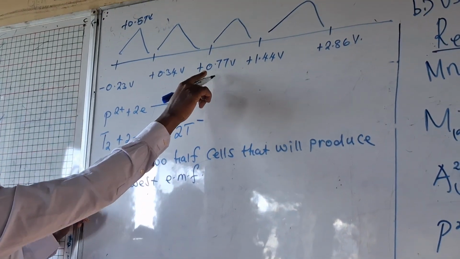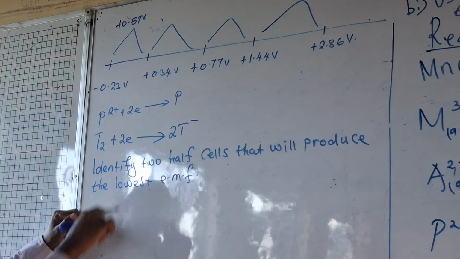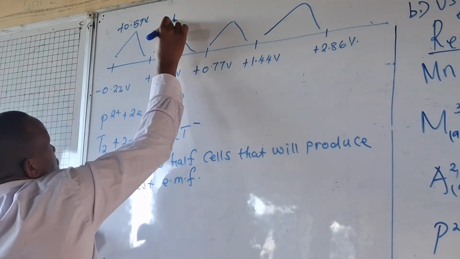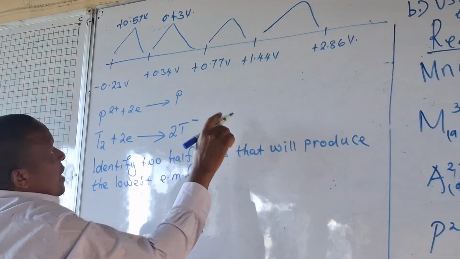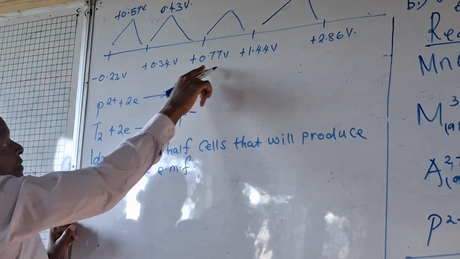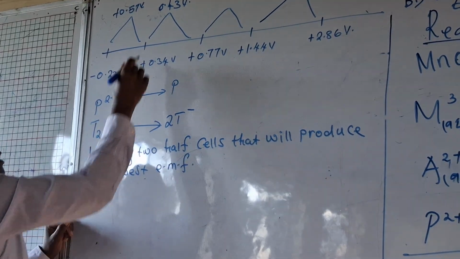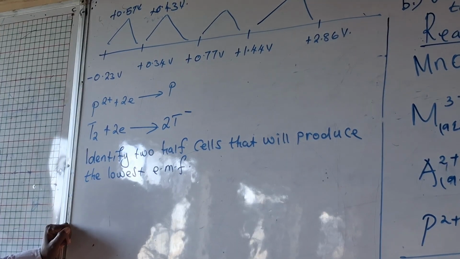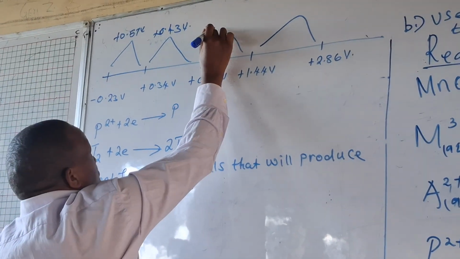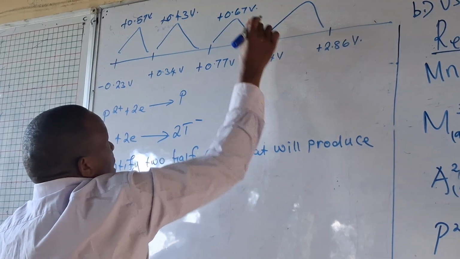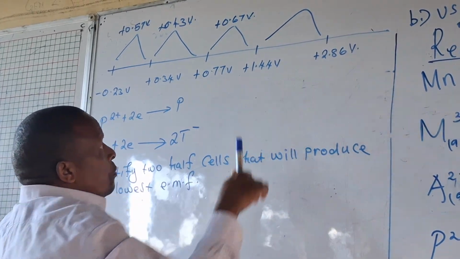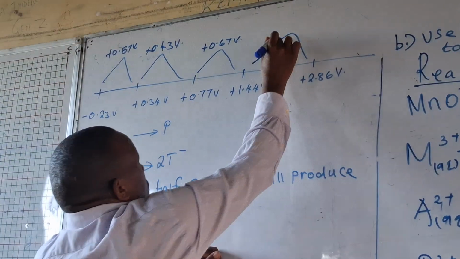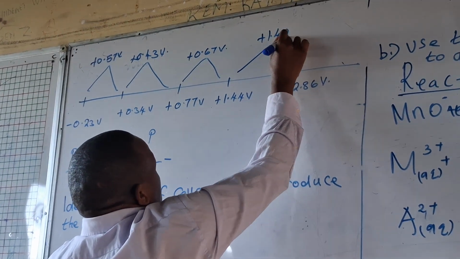This one, 0.77 minus 0.34: 0.43. Very good. So here we have 0.43 volts. Okay. 1.44 minus 0.77. Yes, this is positive. Very good. Positive 0.67 volts. And then lastly 2.86 minus 1.44: positive 1.42. Very good.